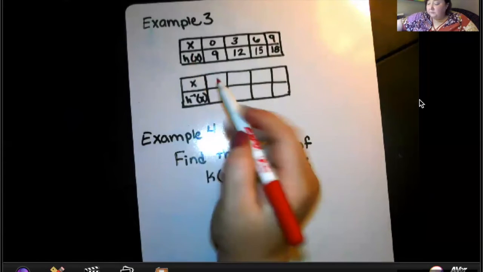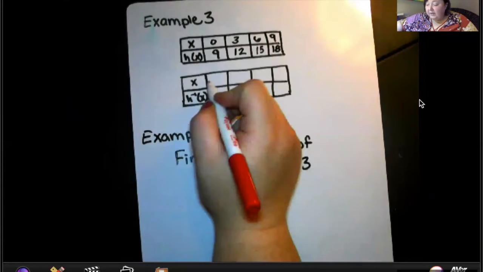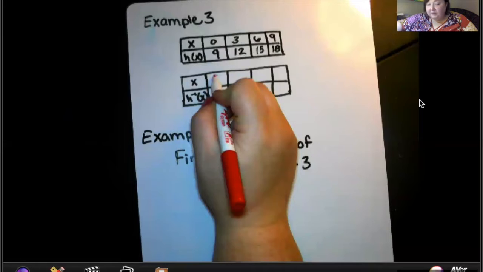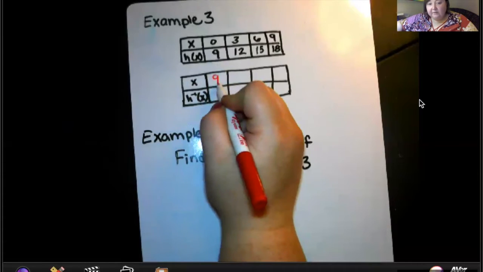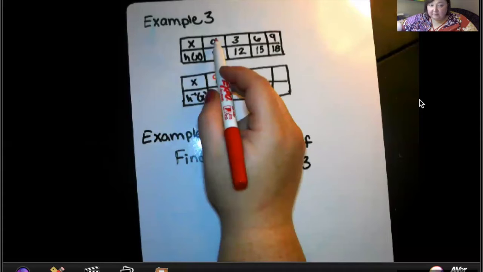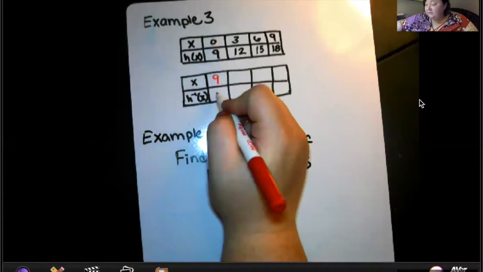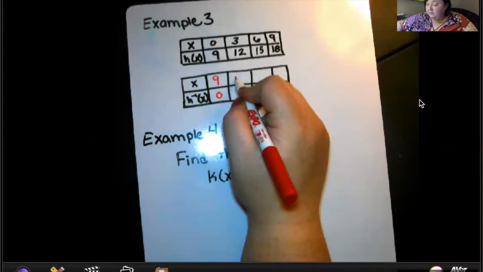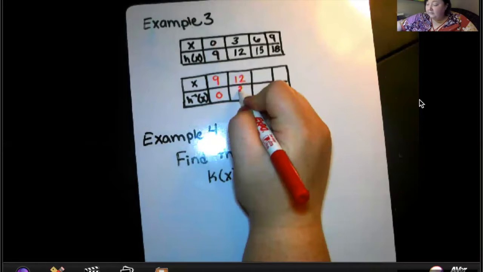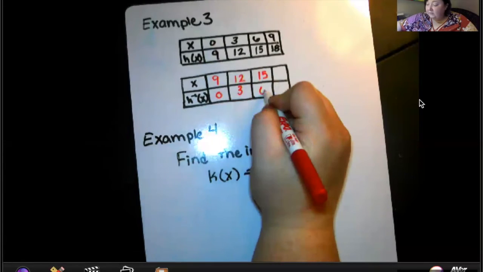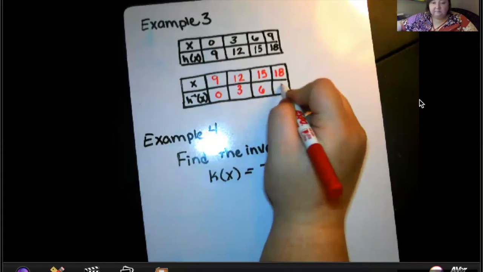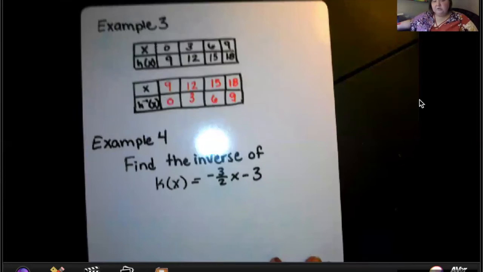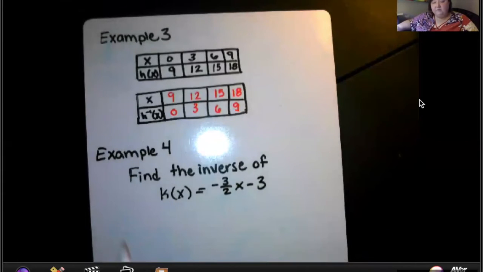Where we have an output of 9 for h of x, that is now going to be an input for h inverse of x, and the output for h inverse of x is the input for h of x, so that would be 0. You see here we just switch these two numbers. So our next ones would be 12, 3, 15, 6, 18, 9.